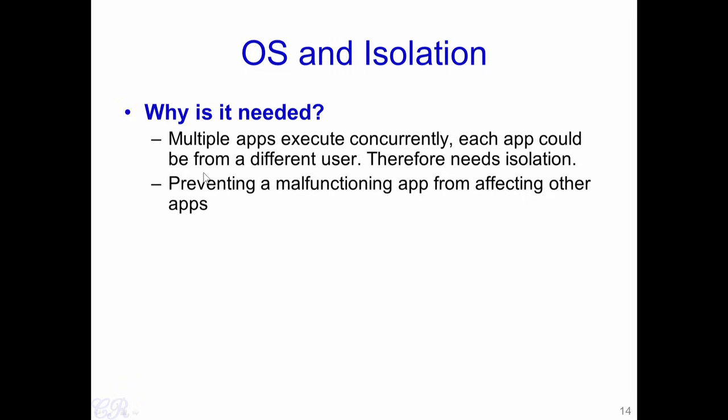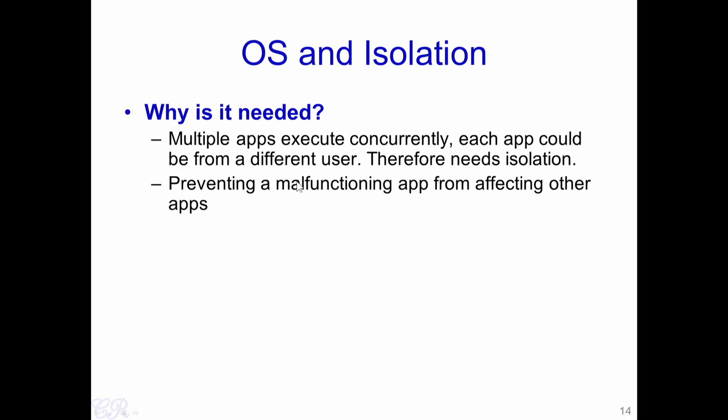Another very important requirement when we speak about operating system is the requirement for isolation. Essentially, this arises from the fact that we would have multiple applications that execute either concurrently or in a time sliced manner in the system. Now, these applications could be from different users.